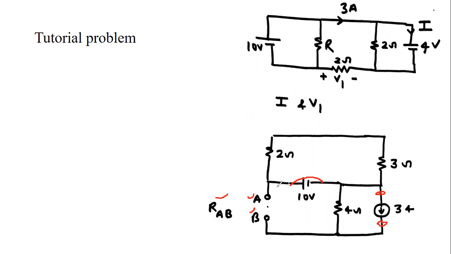Now, the 2 and 3 ohm resistances make 5 ohm, but it is in parallel with the shorted path, that is 0 ohm resistance. So the value of resistance is 0, and there is no use of this 5 ohm resistance. Only this 4 ohm resistance comes into existence. So the value of RAB is 4 ohm. That is the answer to the second question.